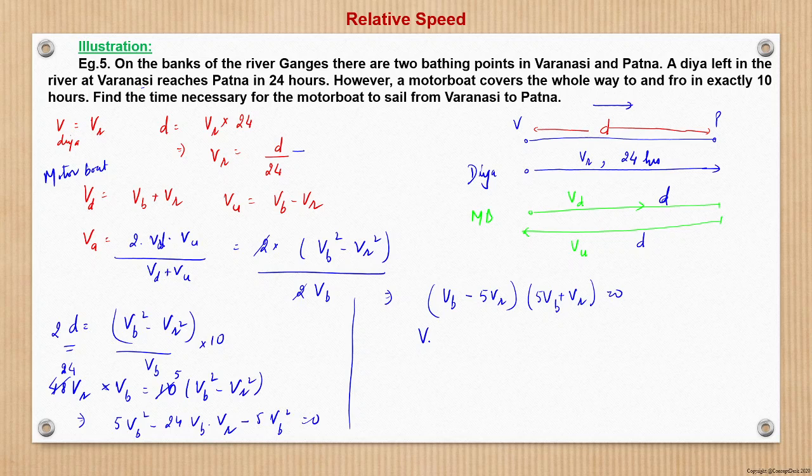So the positive solution will be Vb is equal to 5 times Vr, right? This we have derived. Now we have to find the time necessary for the motor boat to sail from Varanasi to Patna. What is the time here? So the time for the motor boat to cover Varanasi to Patna will be distance D at a speed of Vd, right?